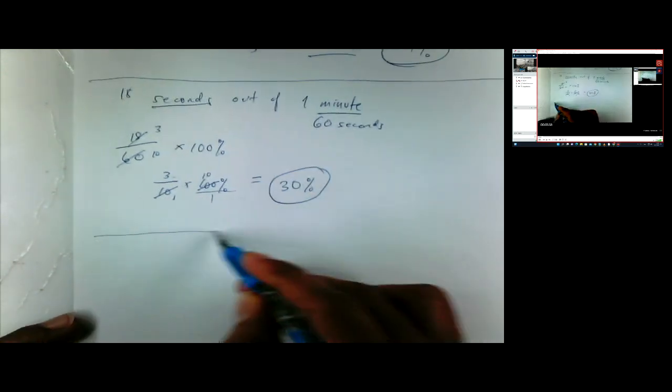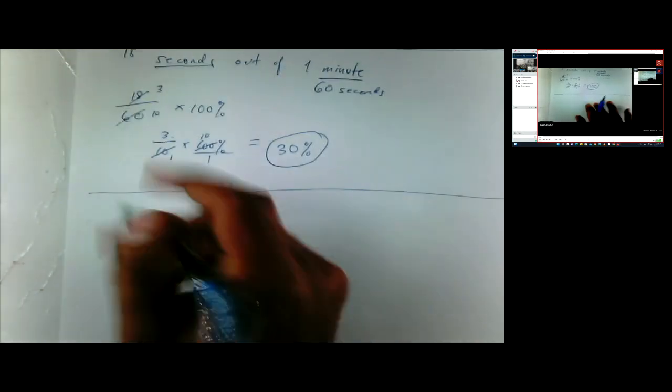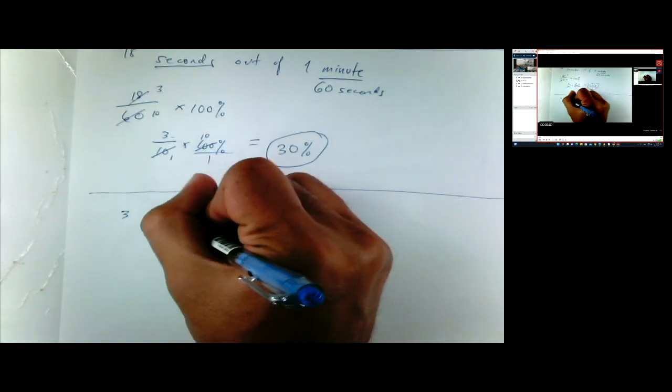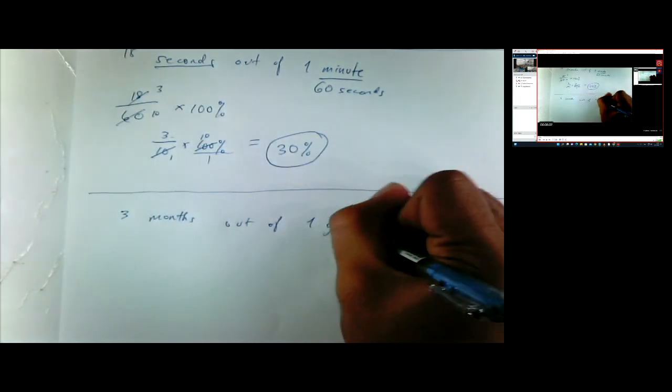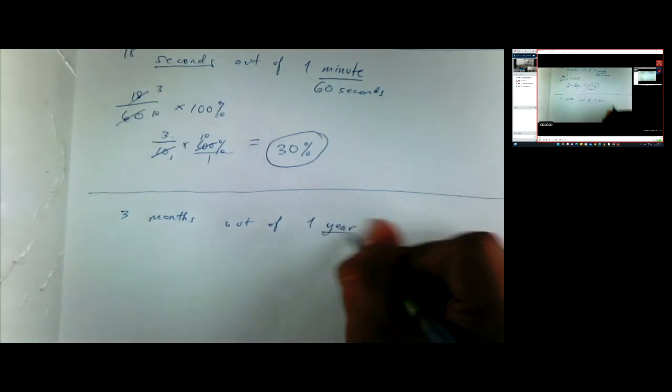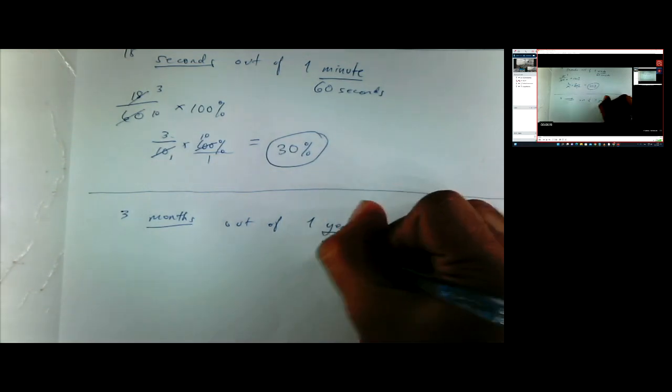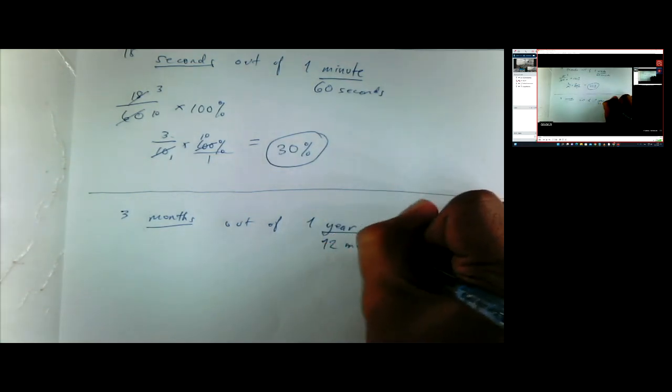Next, number 3. We have 3 months out of 1 year. Now, this is year, this is months. How many months in 1 year? 12. 12 months.